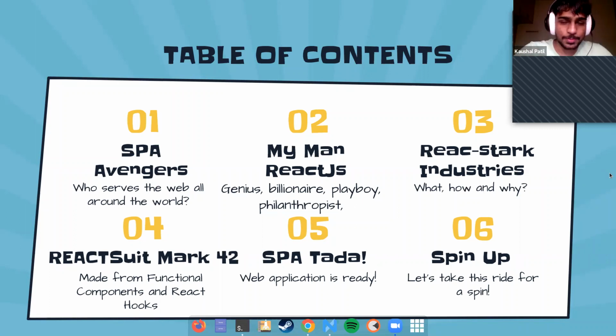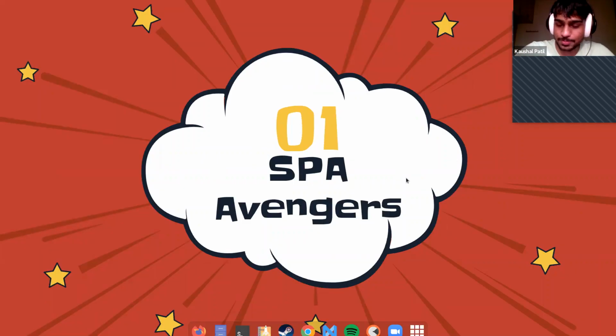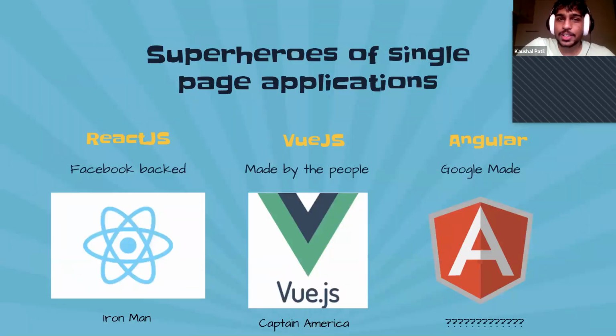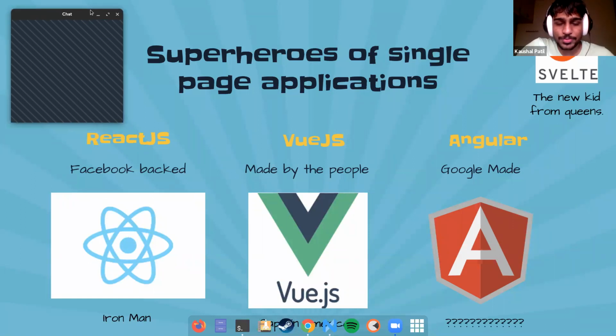So I'll start with SPA Avengers, single page application Avengers, and in this we have three major frameworks. Those are React.js, and I have compared this with Iron Man, but it depends on your preference and your favorite superheroes. Then Vue.js.